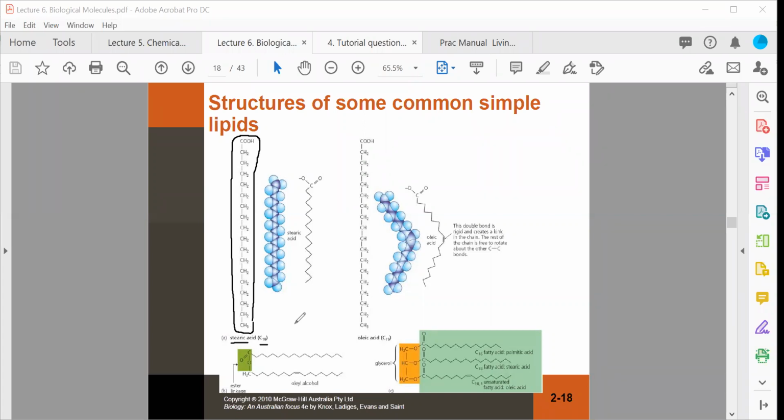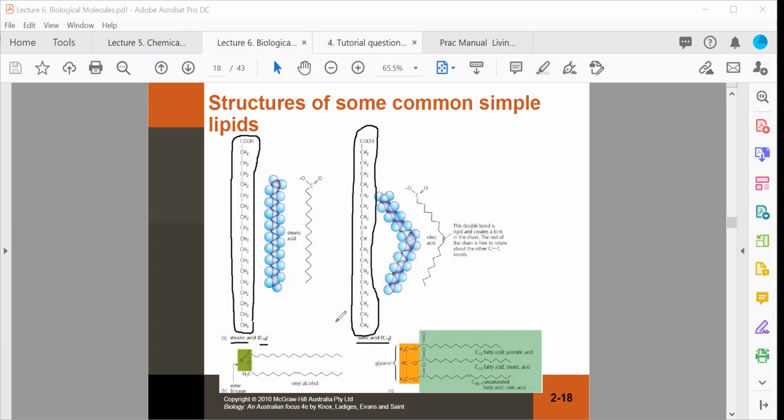Stearic acid is a type of fatty acid that you would normally find in animal fats. This one on the right, oleic acid, also has 18 carbons. So they are almost identical, but this one is predominantly found in plant fats.